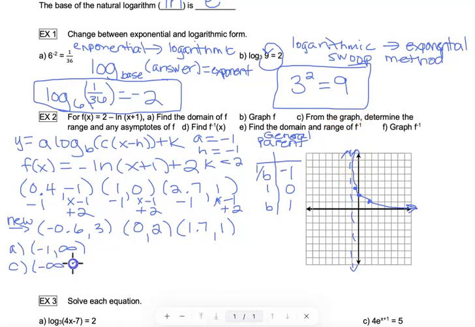I also know that because every logarithm is the inverse of an exponential, and we already talked about that the domain of all exponentials is negative infinity to infinity. So therefore, the range of all logarithms is negative infinity to infinity. So that should make sense. I also know, because I already graphed it, that my vertical asymptote is at x equals negative 1.